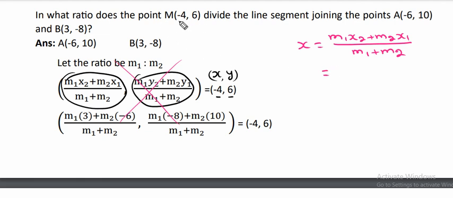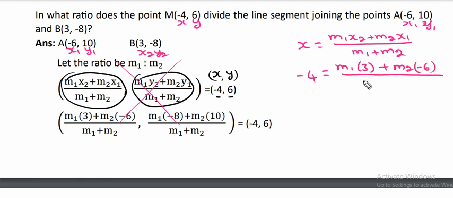Here this one is considered as x and y, here this one as x1 and y1, and it is x2 y2. So here x is -4, m1 you write as it is, x2 is 3, plus m2 you write as it is, x1 is -6, divided by m1 plus m2.